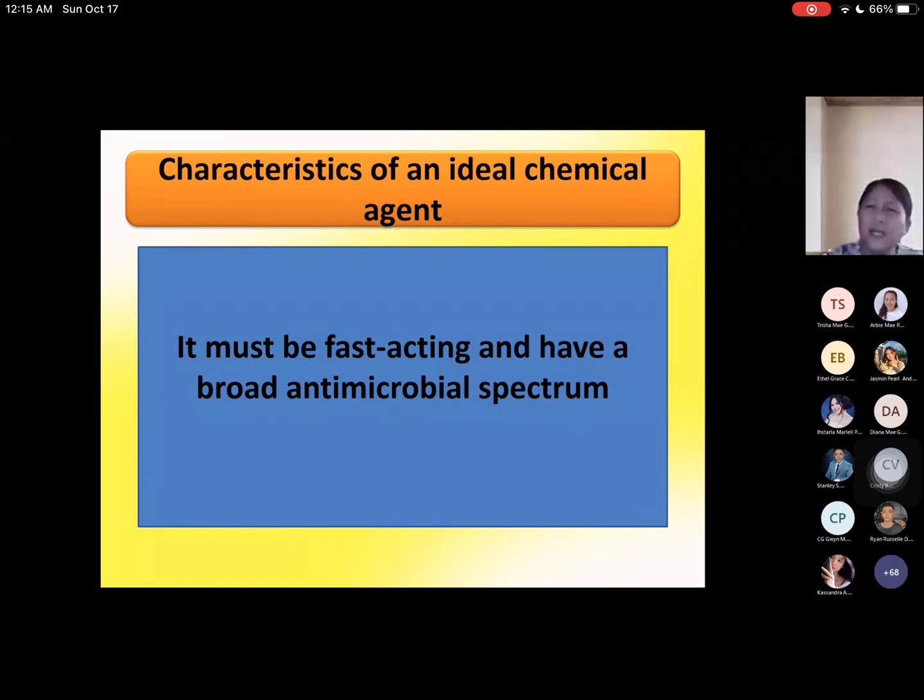In 1 or 2 days after you took the medicine, some of the symptoms should already be relieved. The disadvantage of a broad antimicrobial spectrum is that antibiotics don't only kill both gram-negative and gram-positive bacteria, but might also destroy our normal microbiota or normal microflora.